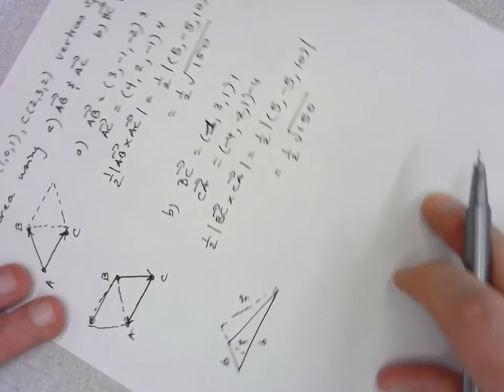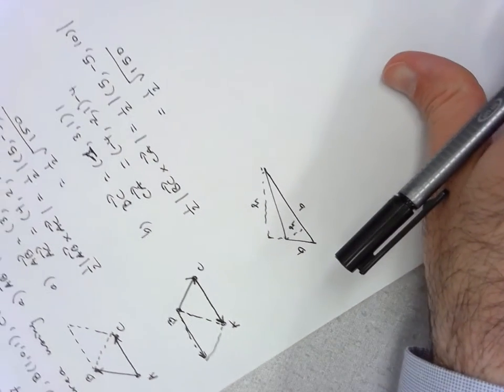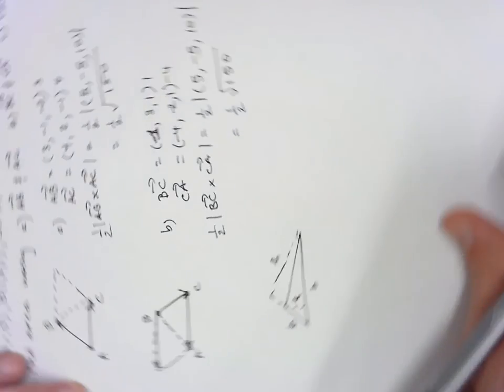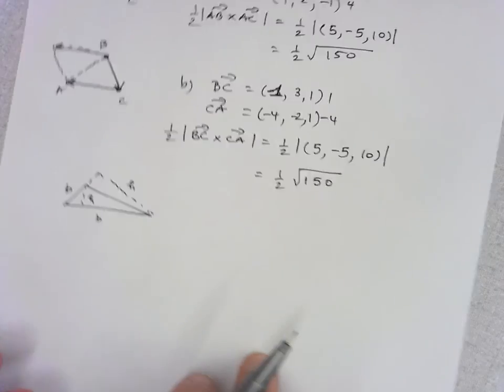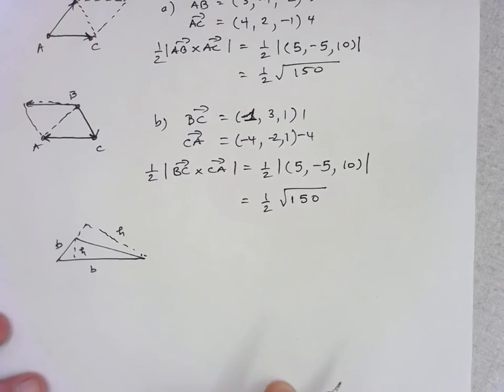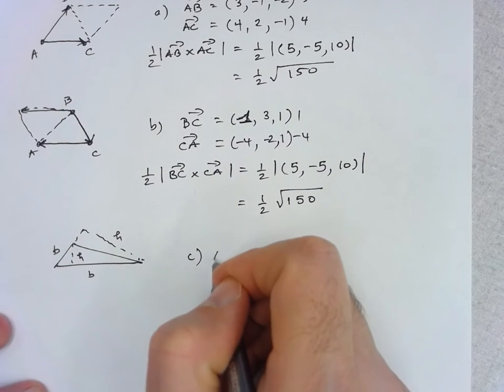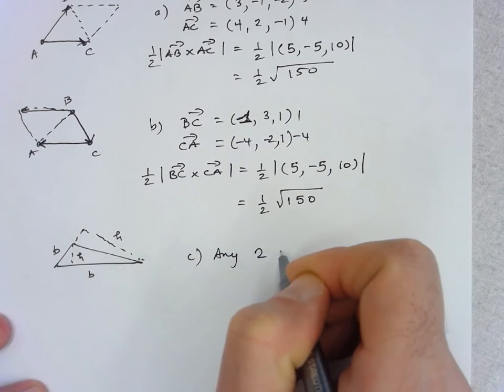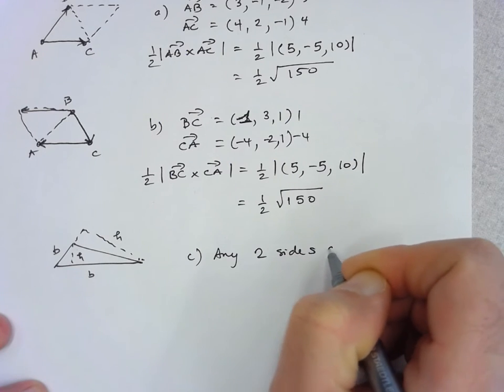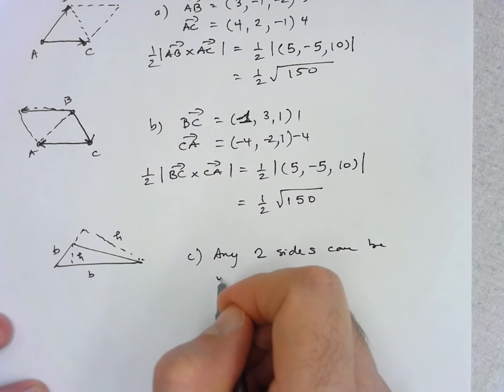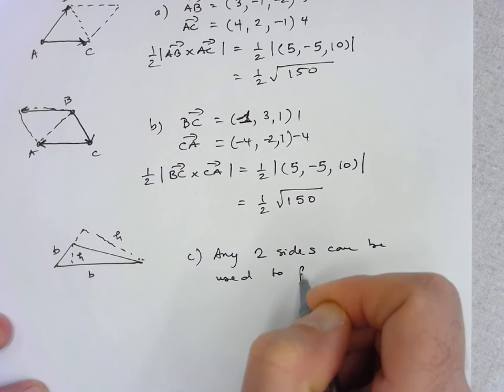In other words, I've just flipped the triangle around. I should get the exact same area. So it shouldn't matter which sides I'm working with. Our conclusion: any two sides can be used to find the area.